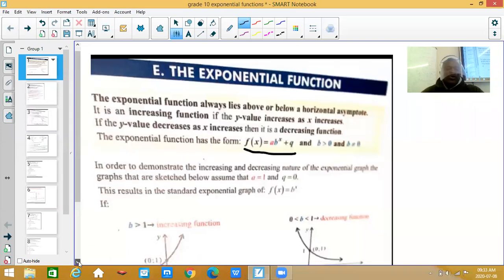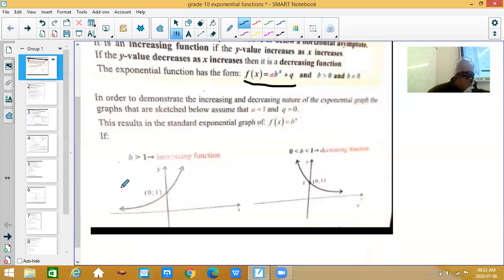Right, let us look at the first diagram here. We have a function f(x) = b^x. Now, we are going to analyze two situations. If b is greater than 1, that is an increasing function.